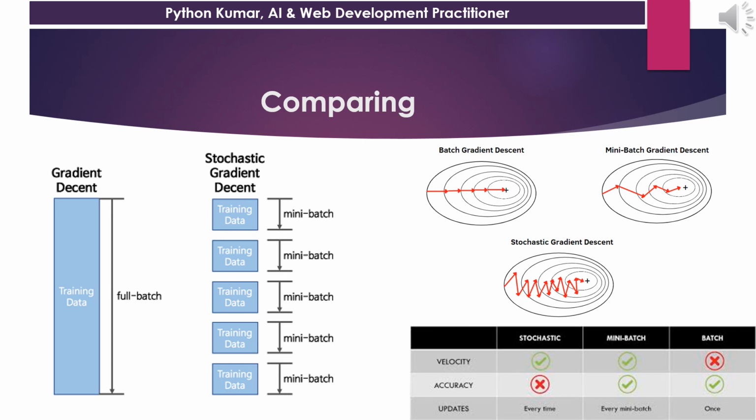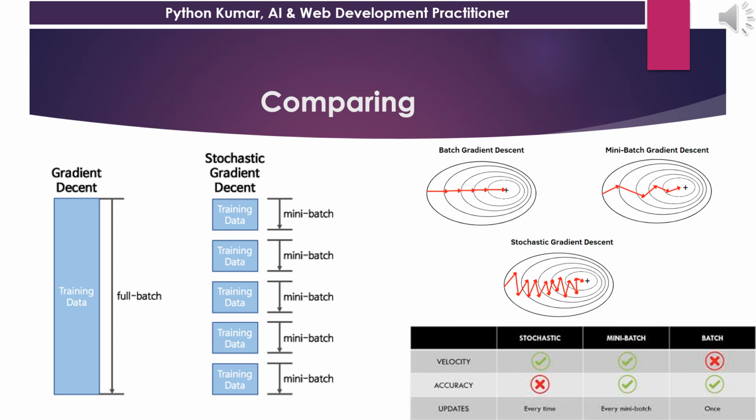On the contrary, mini batch and batch gradient descent give me a lot of accuracy. Similarly with updates, stochastic gradient descent will update itself every time it learns something from each data point.